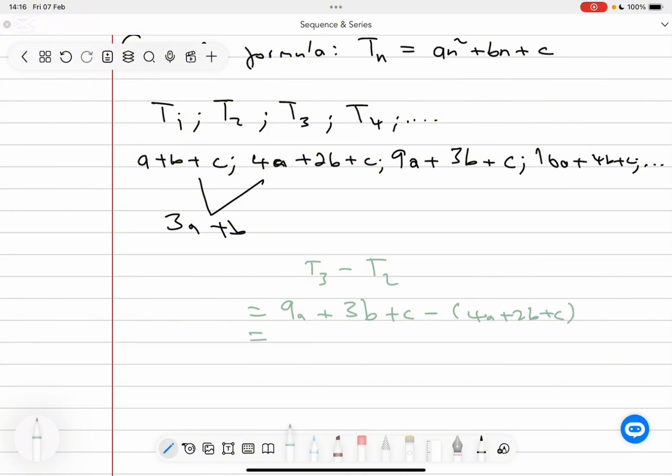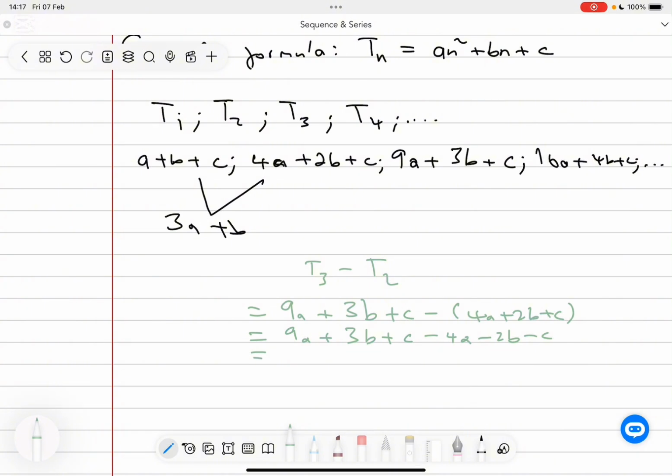So now I'm going to have the 9a plus the 3b plus the c, and here we are going to have a negative multiplying each term inside the brackets, and this would give me a negative 4a, a negative 2b and negative c.